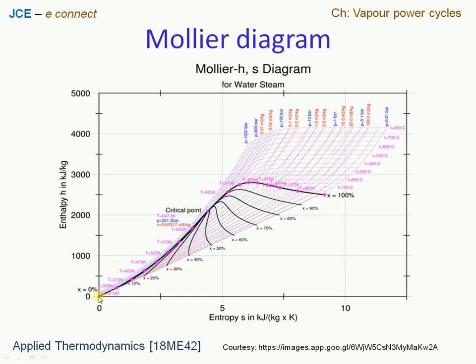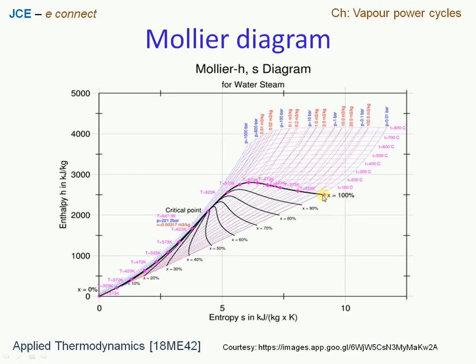And we know that the dryness fraction, which is the amount of steam present inside the system, will be 0 at the saturated liquid point. Then as we proceed by the absorption of latent heat, we pass through the two-phase region and reach the saturated vapor curve. At this point the steam is dry saturated, therefore the dryness fraction will be 100% or 1.